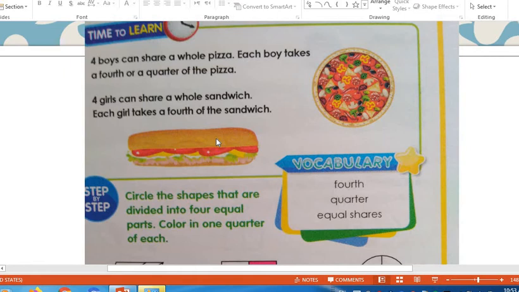Each girl would get 1/4 of the sandwich. First we cut the sandwich in half, then cut each half into halves. Okay, by this each one will take a quarter of the sandwich. Important vocab you have to learn: fourth, quarter, equal shares.